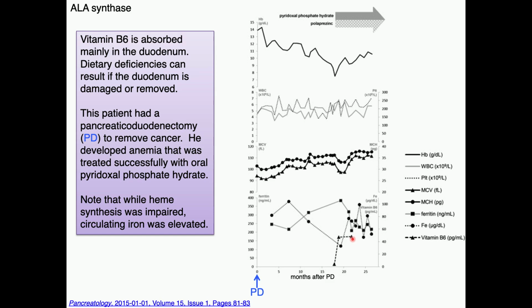So maybe just put a pin in this slide, and after our iron talk next week, maybe review some of this, and if you have questions about it, come and see me. Okay, so this is just illustrating that heme synthesis is dependent on vitamin B6, the basic point here.